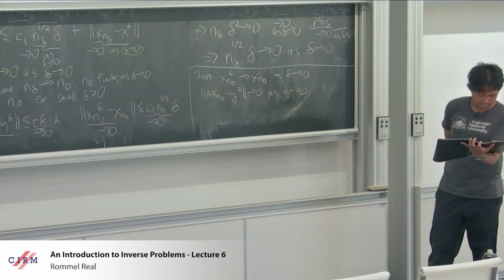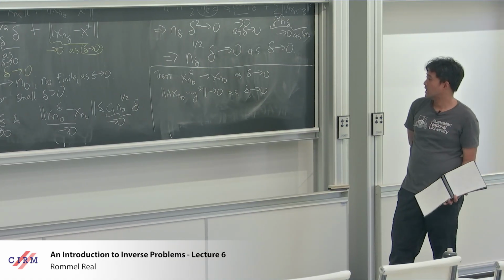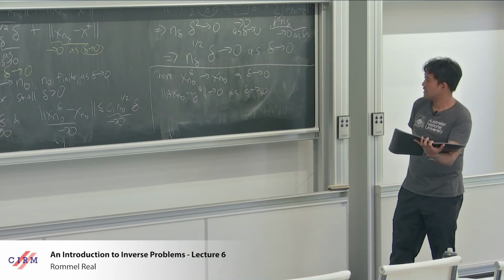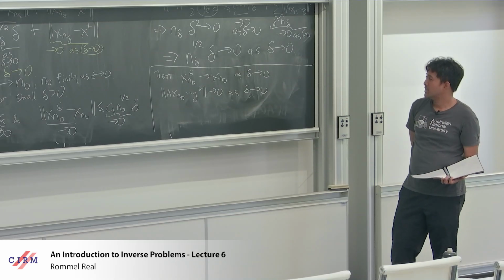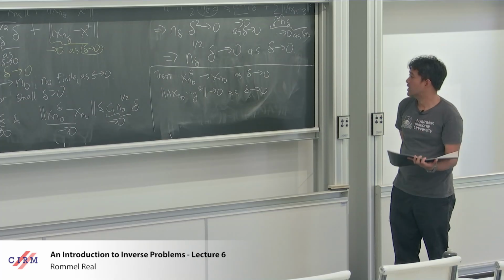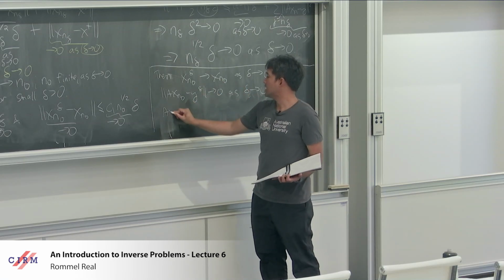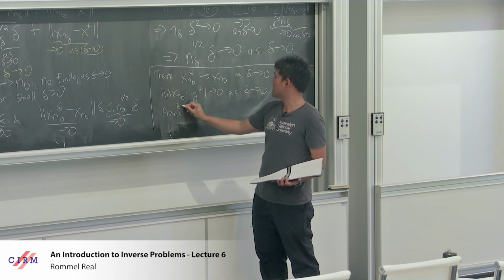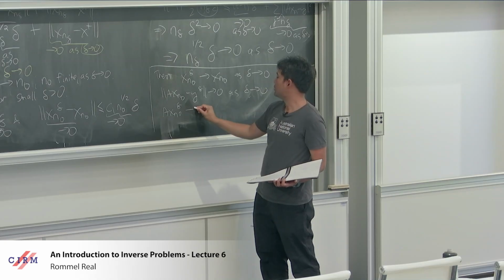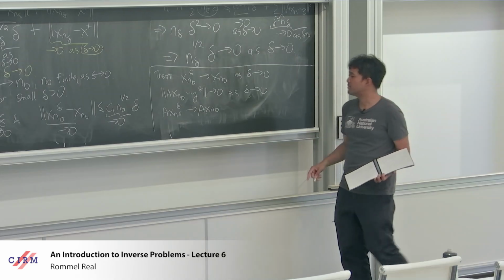So that means we have the following result. Note this one simply tells us that A x sub n O delta approaches A times x sub n O, by continuity of A, of course.